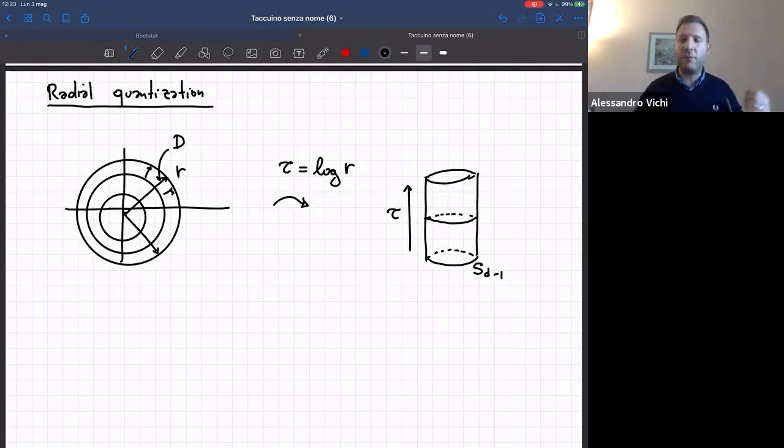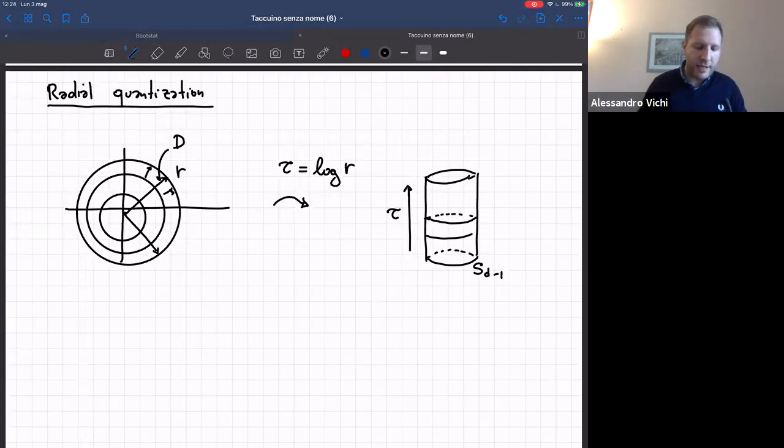You don't have infinite space, you just have a compact space, a sphere of radius 1, but then you have the usual flat time, the vertical direction. And in this picture, the dilatation operator assumes the role of the Hamiltonian, the usual time evolution along the cylinder.